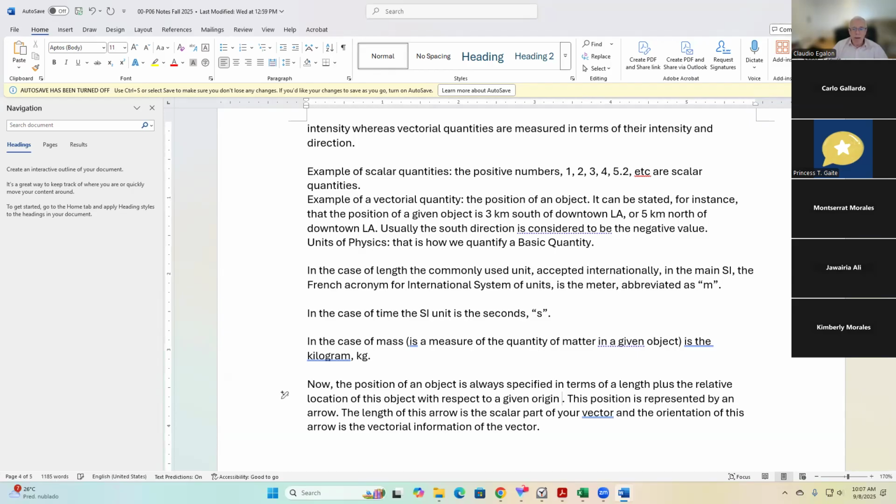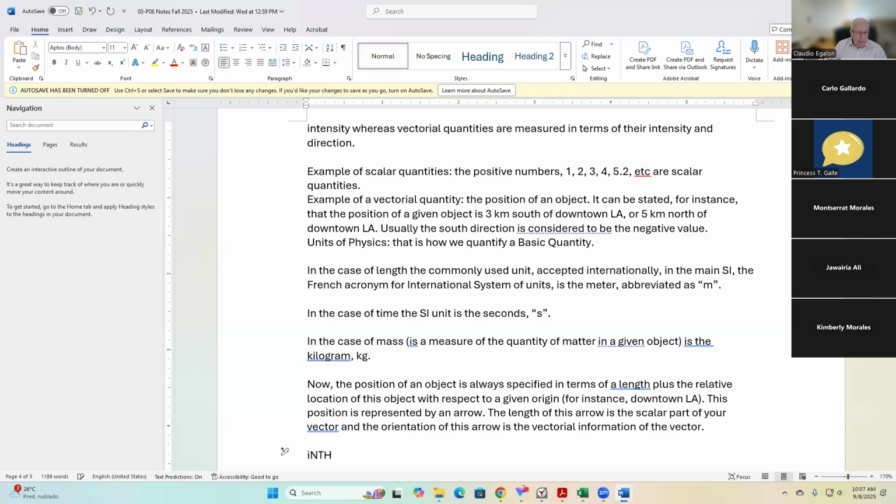In the example that I gave above, that was downtown LA. Suppose that we can specify a point in downtown LA that can be used as an origin. This position is represented by an arrow.